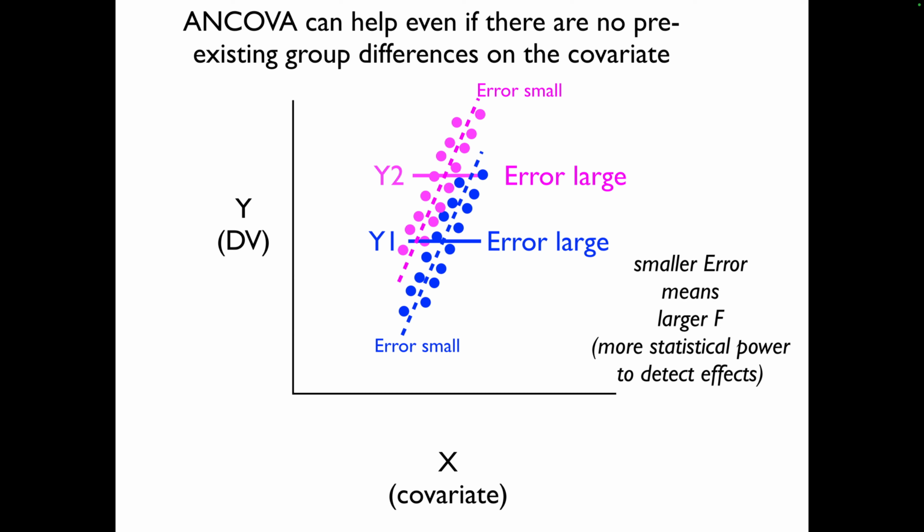Smaller error means a larger F and more statistical power to detect effects. We do have to pay for it because we have to estimate that slope, but it's only one parameter across the whole experiment, and so it's not a very expensive parameter in terms of degrees of freedom, whereas it could explain a lot of the variability, especially if there's a strong relationship between the covariate and the dependent variable.